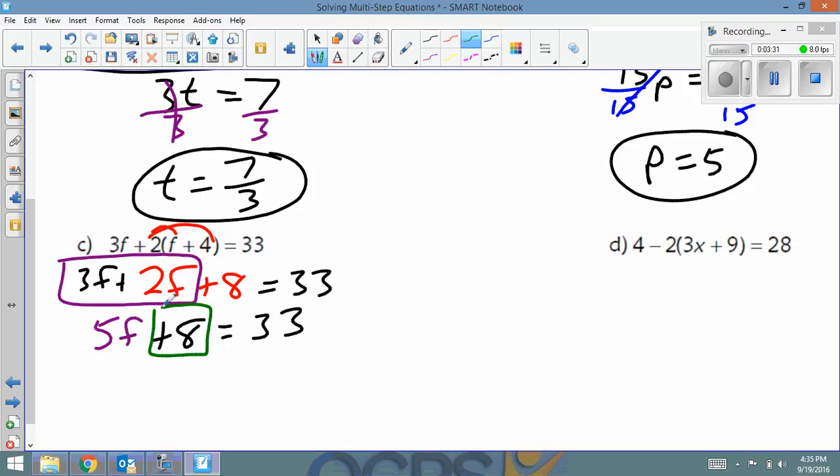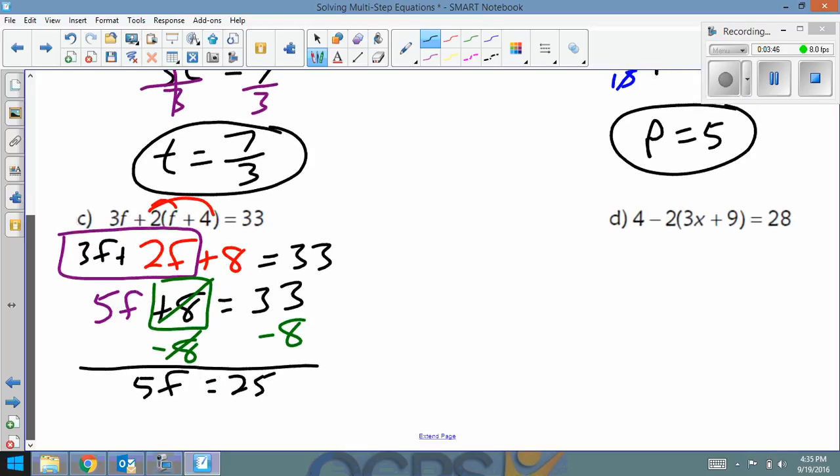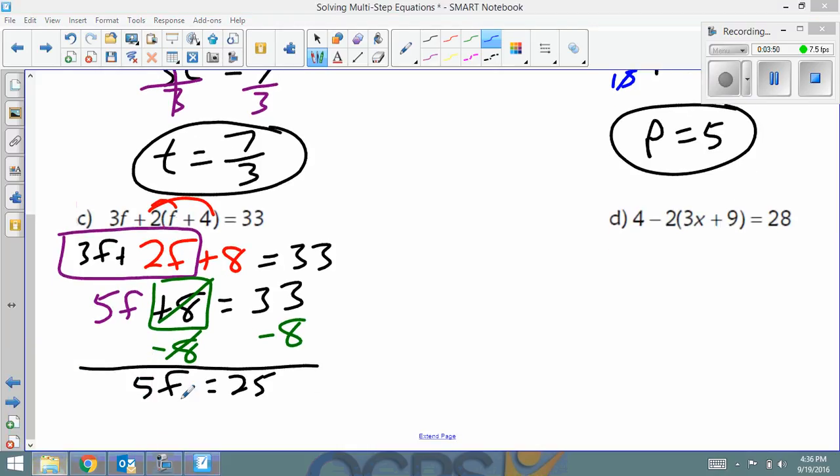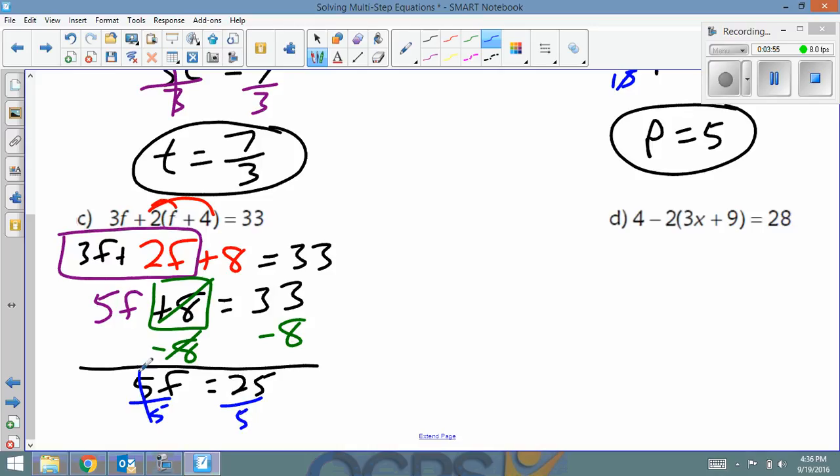So that's positive 8, so we're going to put a minus 8 underneath it. So we're going to have 5f is equal to 25. And lastly, we're going to divide both sides by that 5. So we're going to get f is equal to 5.